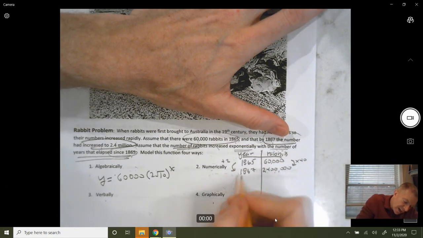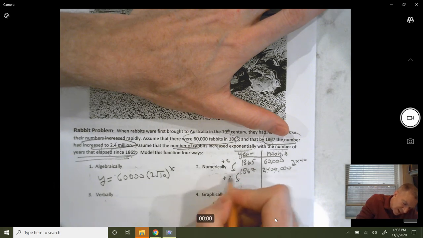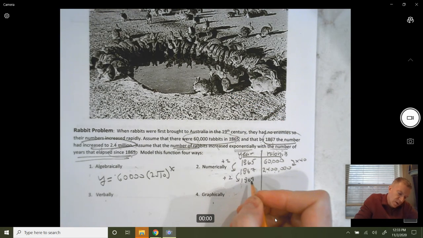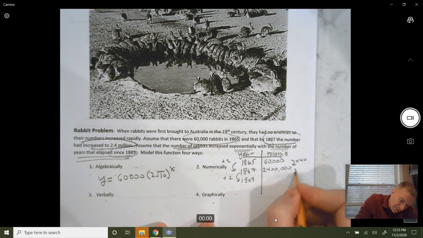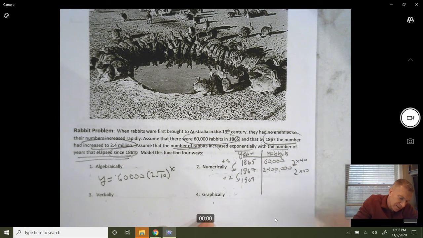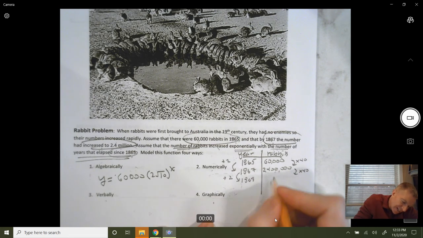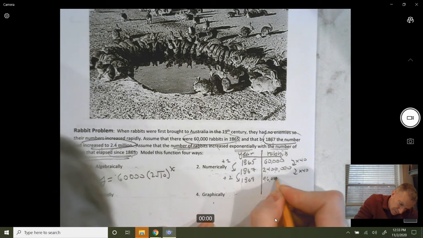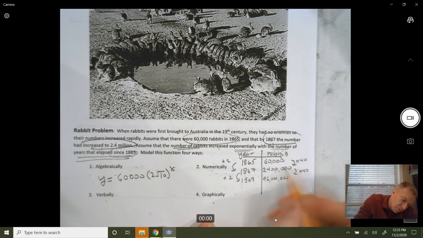Okay, so if we add 2 more years, this is just a way to look at it numerically. So by 1869, then we'd multiply this by 40. Remember, every time we add a constant to x, we're multiplying the y by a constant. And here we get 96 million. So I multiplied 2.4 million by 40 and we get 96 million.